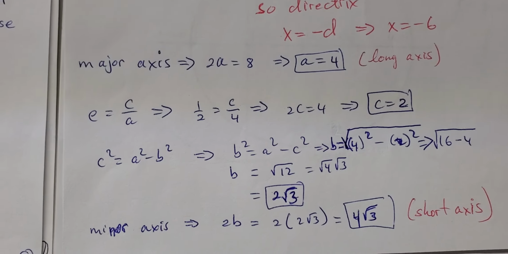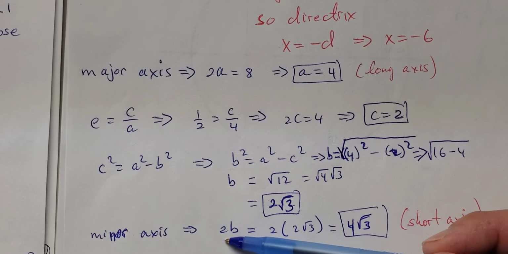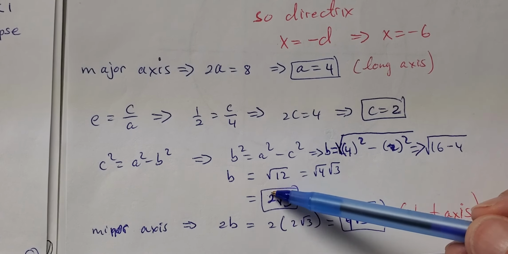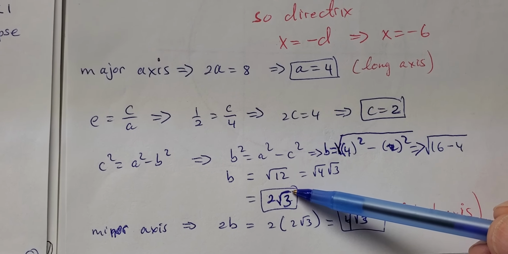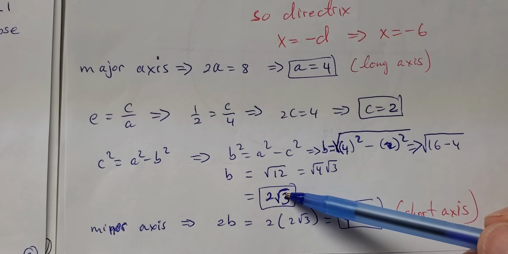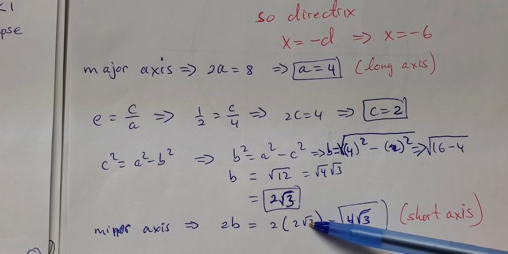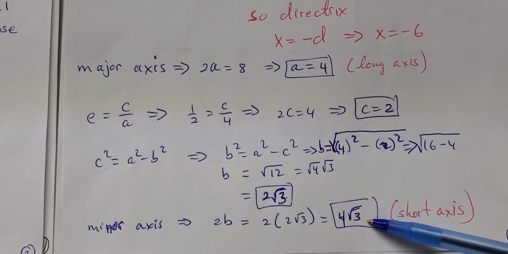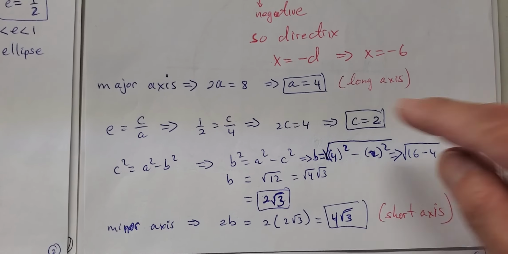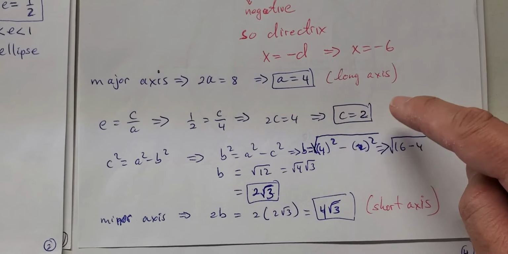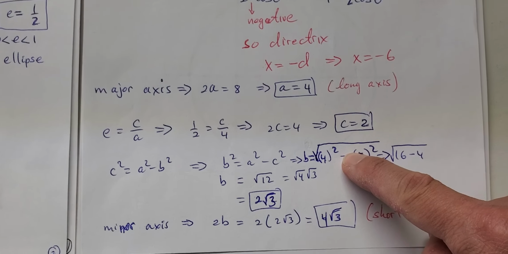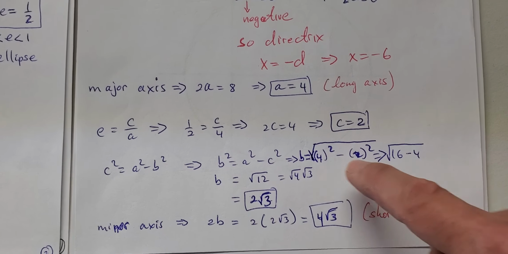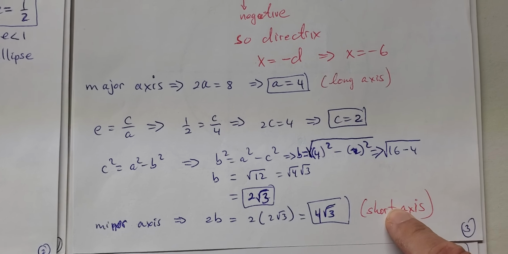Now, my minor axis is just 2 times b. So 2 times b, we know b is 2 square root 3, times 2 gives 4 square root 3. So that's how you find your major axis, a, c, b, and then your minor axis.